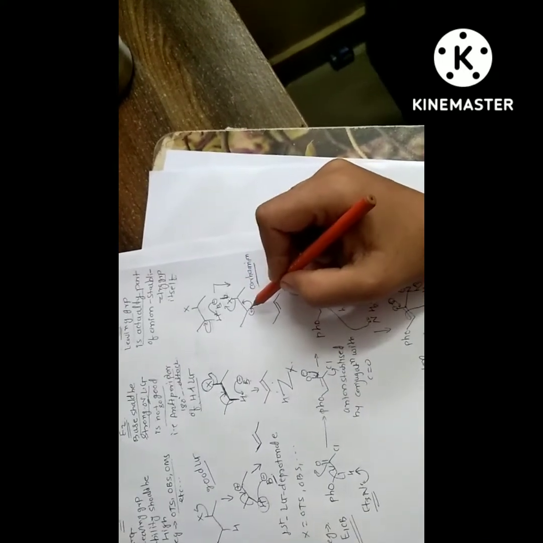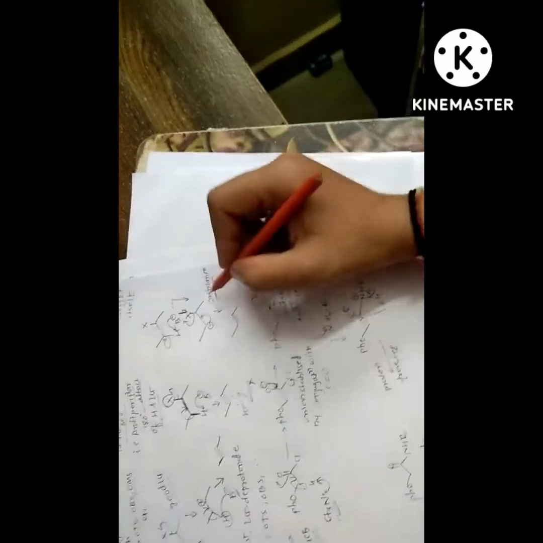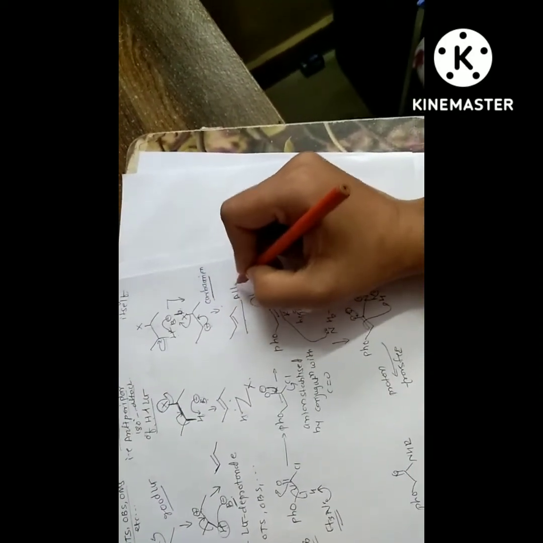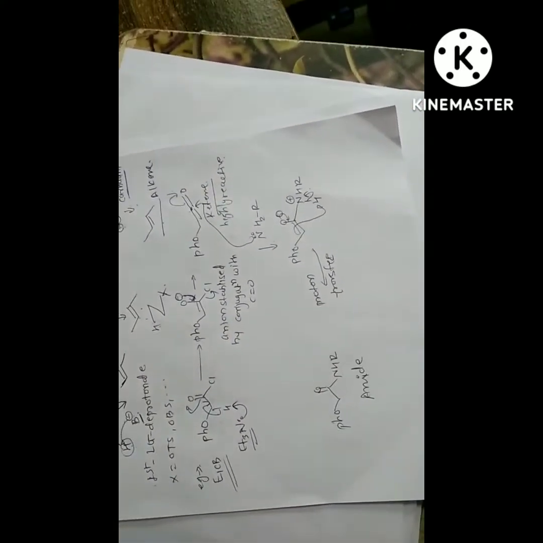You can see that this is the carbanion, and after this reaction we get an alkene. Now an example of E1cb is the amine.